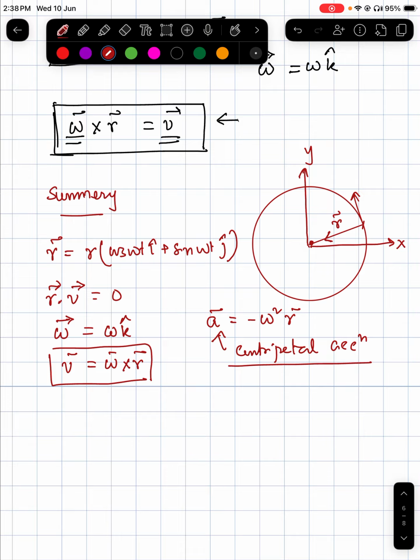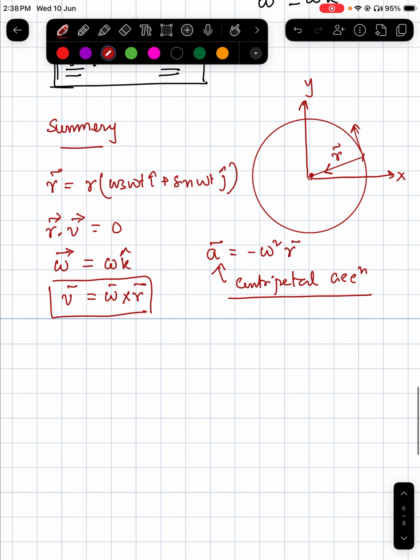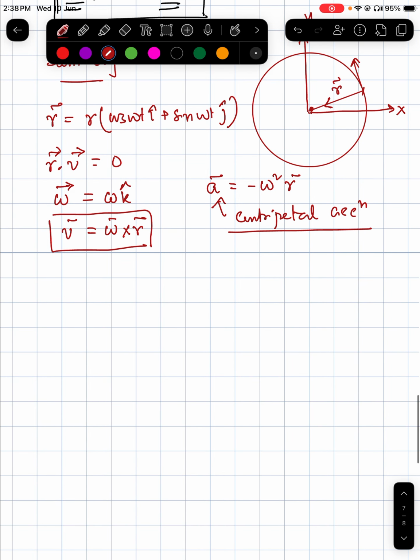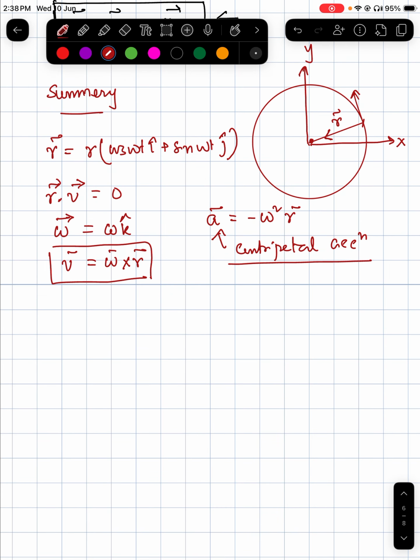So now if I consider the magnitudes of all those vector quantities, we get a very important characteristic. It is easy to see that omega is along the z axis, and r is in the xy plane.